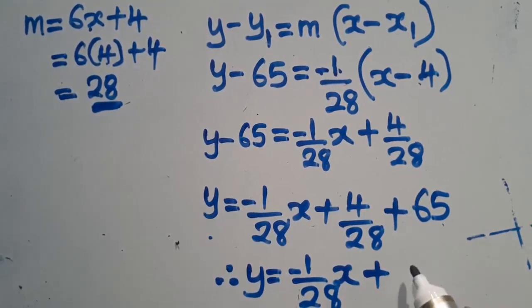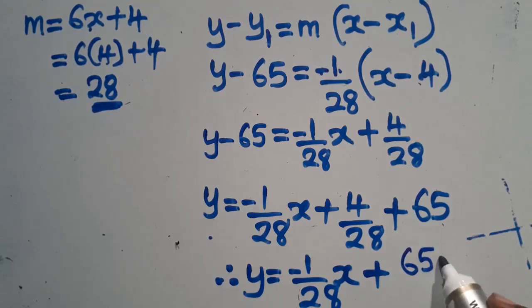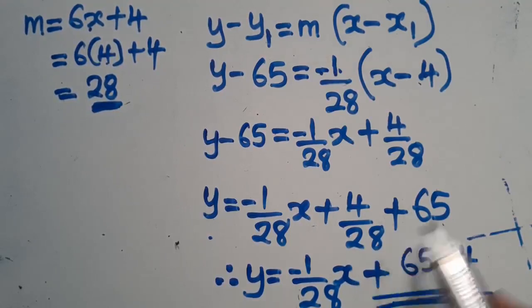The answer that I'm getting is 65.14. So this is the equation of the normal. If you punch this on your calculator, you're going to find the answer in fraction form. And that is what you are supposed to get and understand.